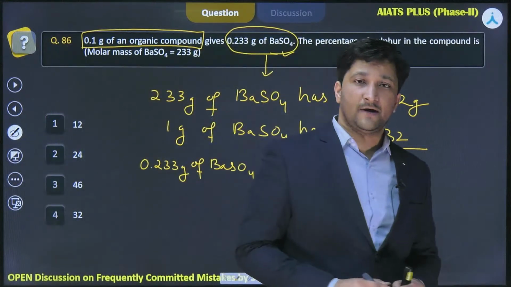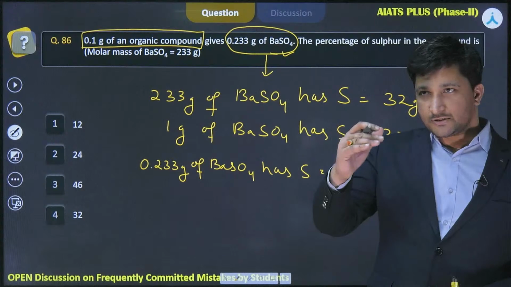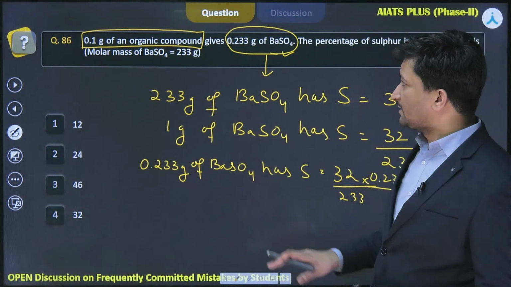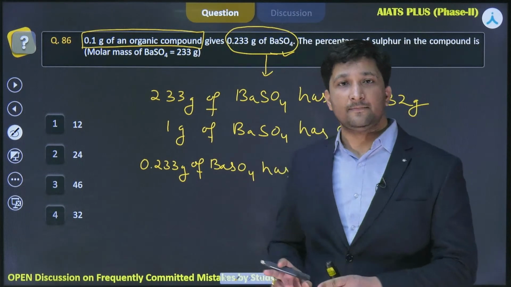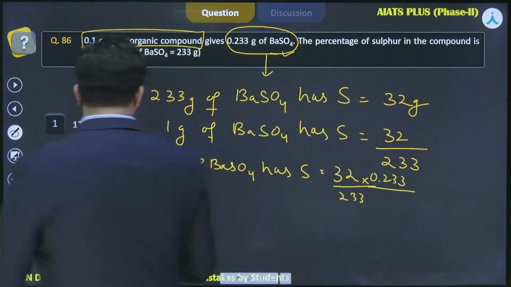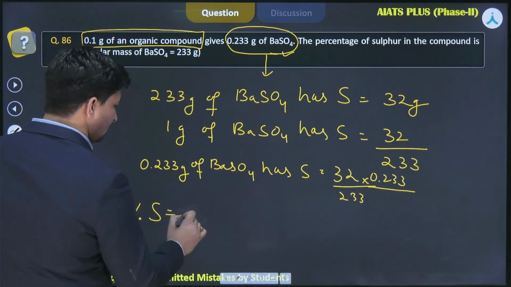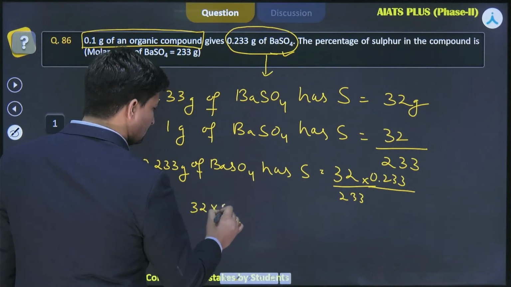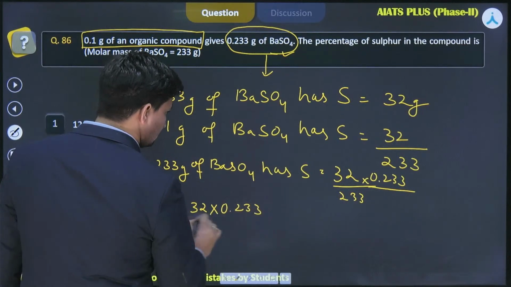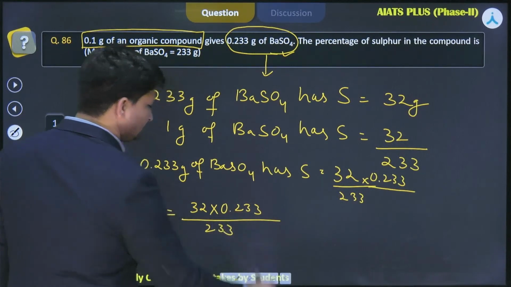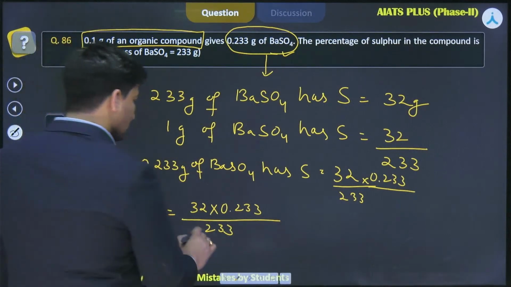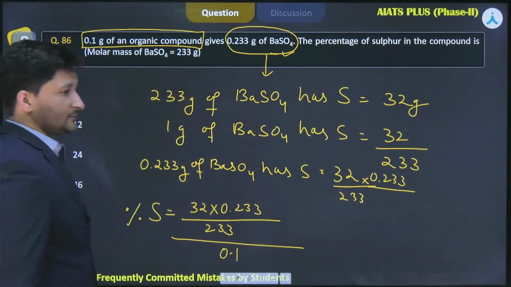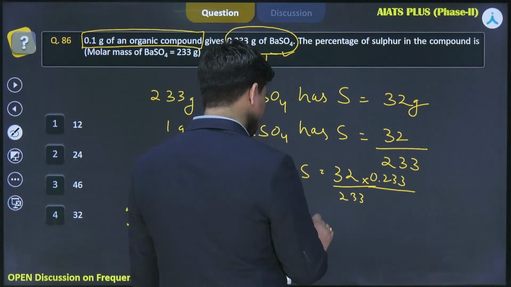So what formula do we have to use to find the percentage? The mass of sulfur in the organic compound divided by the total mass of the organic compound, multiplied by 100. So percentage of sulfur equals the mass of sulfur in the organic compound, that is 32 into 0.233 by 233, divided by 0.1, which is the actual mass of the organic compound, into 100.